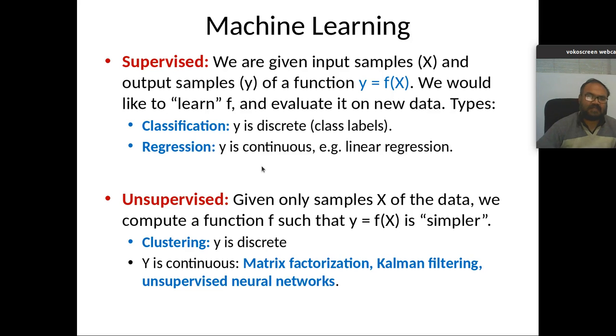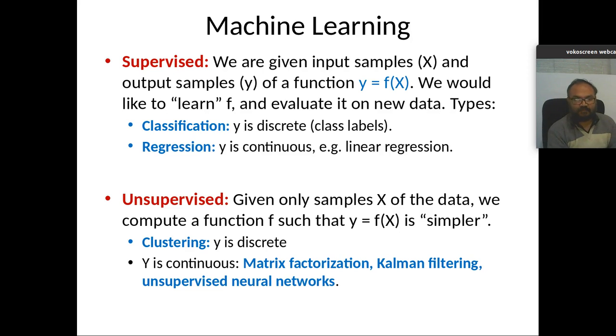Then on the other side, we have unsupervised learning, where we only have access to the samples of the data x, and there are no labels, but we compute a function f such that y is equal to f of x is a simpler model. But for training, we don't have y.